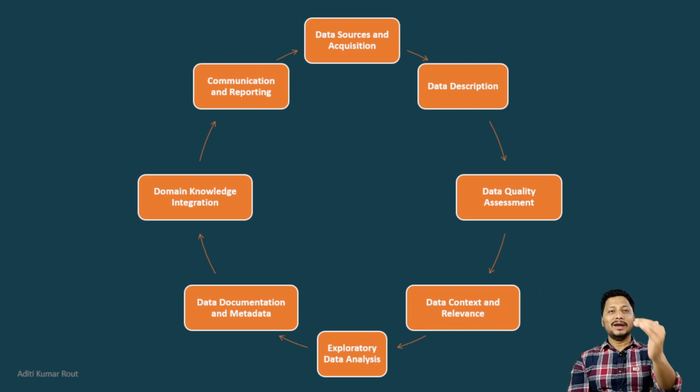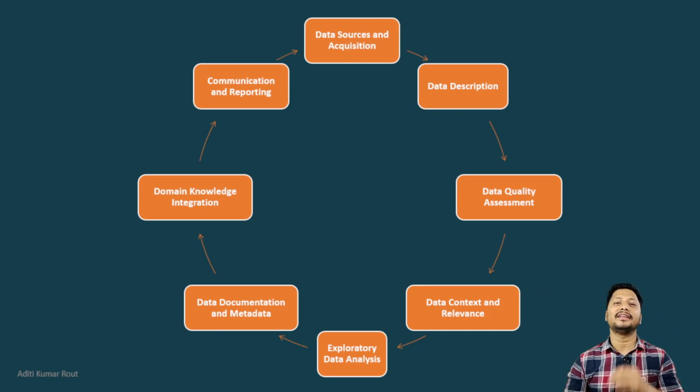The last building block in our data understanding cycle here is communication and reporting. It is very important to communicate your findings, for example, the data source, the significance of the data, and whatever insights you extracted from the data. You have to communicate them to the stakeholders so that your business and your understanding are on the same page.